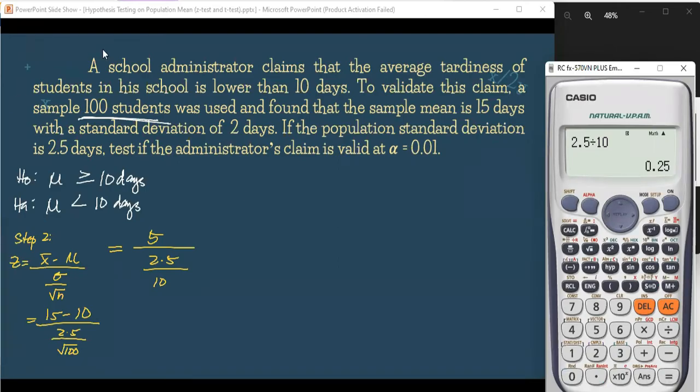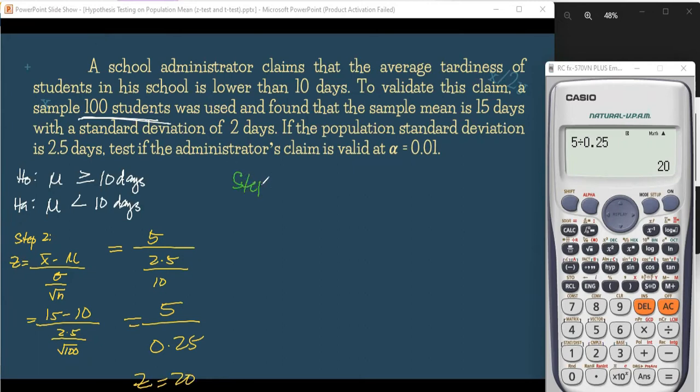So, therefore, 5 divided by 0.25, that will give us 20. So our answer here, or the z value, is 20. Z is equal to 20. So now, let's move to step number 3.